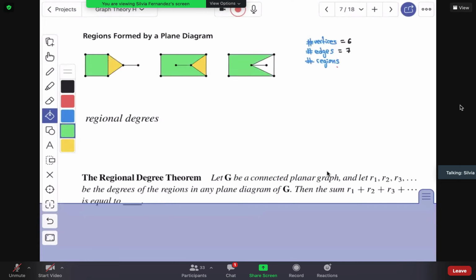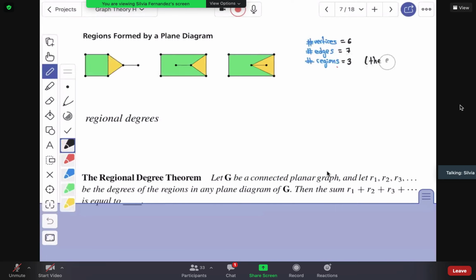This is a region, this is a region, and the exterior is another region. So each of these has 3 regions. The exterior counts as 1 region.